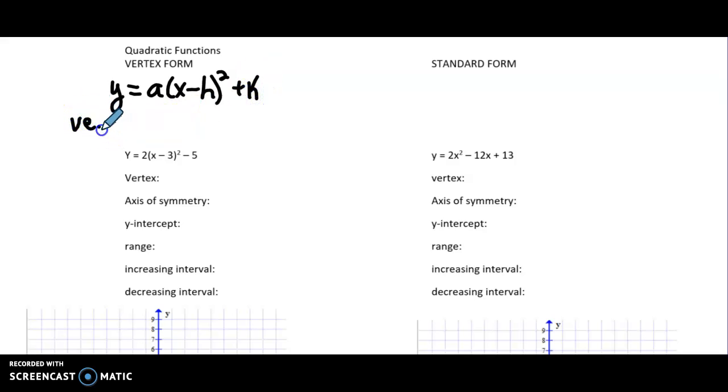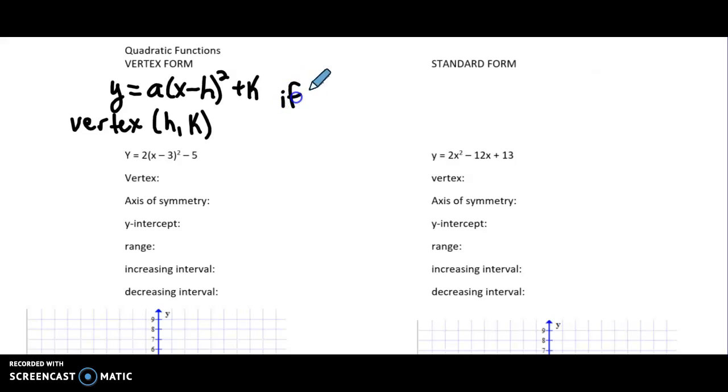The vertex of this parabola will be at the point h comma k. That's where the vertex will be. Notice the minus is part of the expression. So if I have x plus 3, for example, the vertex would be at -3 comma whatever k is.